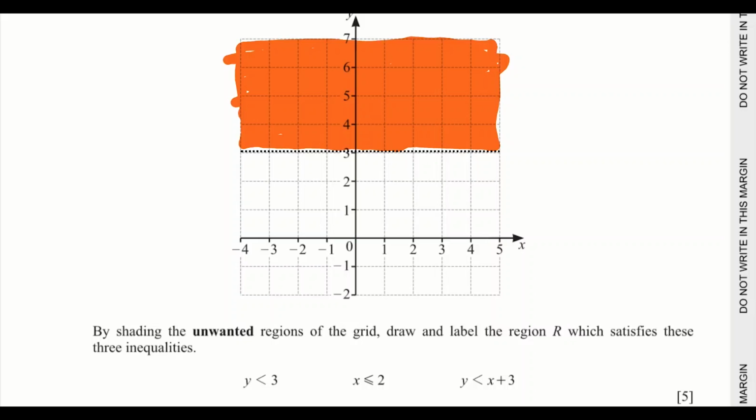So this is the unwanted area for y less than 3.